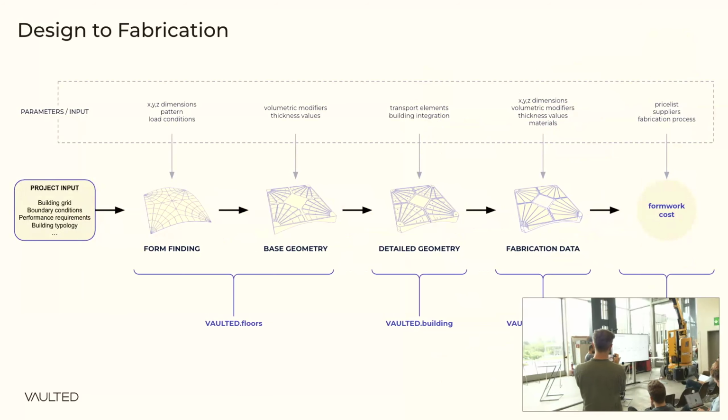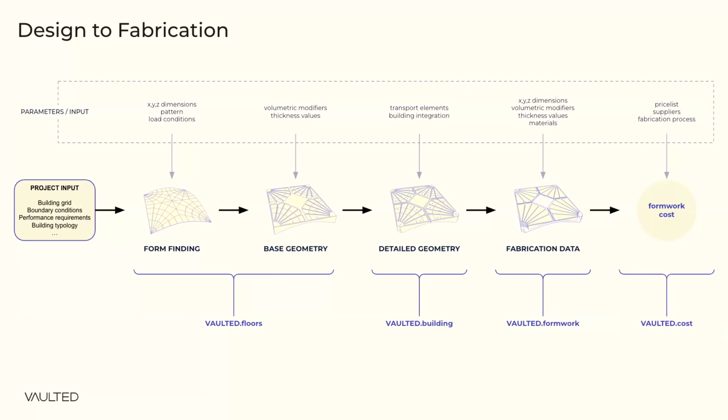And we worked on several packages that are called, let's say, Volted packages, to include all these workflows. And of course, all these packages are based on COMPAS packages. I will explain a bit later how exactly this works.